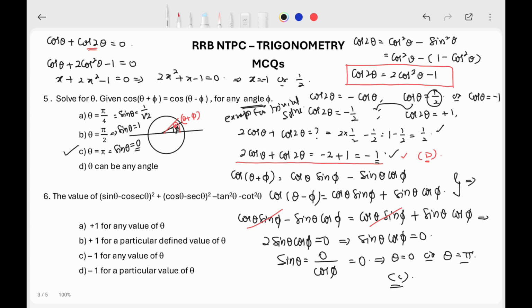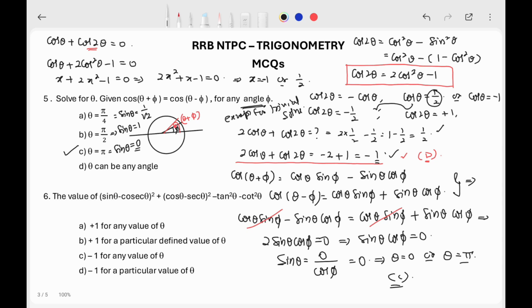Now, similarly, we will go for another question which is similar to the previous one. The value of this, I am not going to solve it. You please solve. If a particular person wants a solution, I will be able to give that solution if you put a comment, but please try on your own.